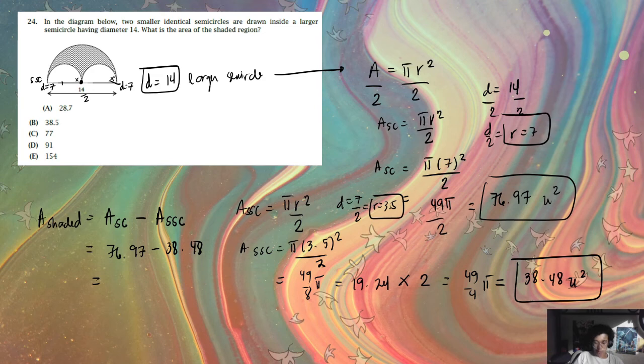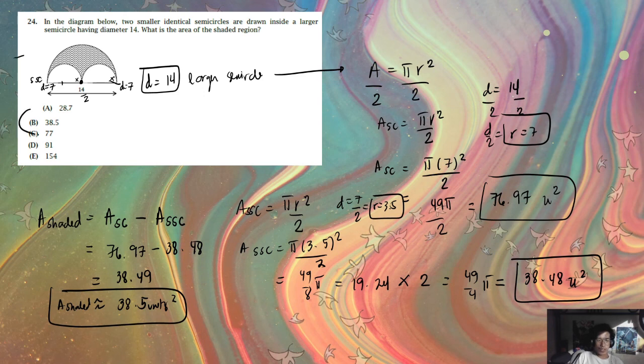That should give us 38.49, or if you round that off, around 38.5. Here you go. So the area of the shaded region for this problem is equal to 38.5 square units. So that's letter B. That's 38.5 square units, and that's the answer for this problem.